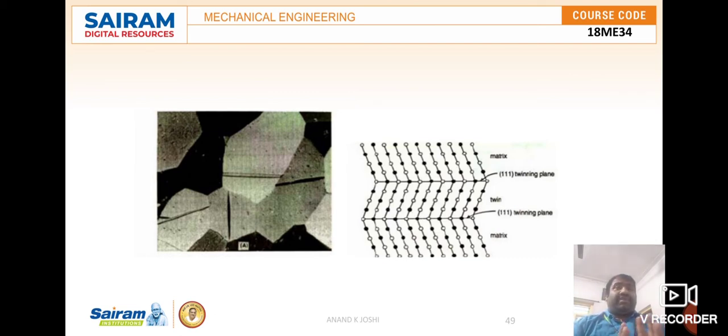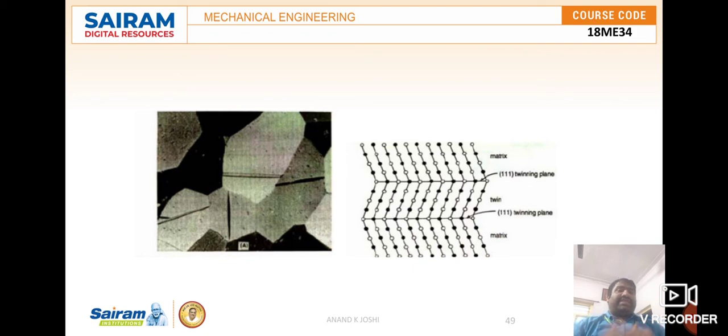And we'll come to the microscopic appearance. Slip is observed as thin lines under the microscope, and these lines can be removed by polishing. But twinning is not like that. It is observed as wide bands that cannot be removed by polishing.